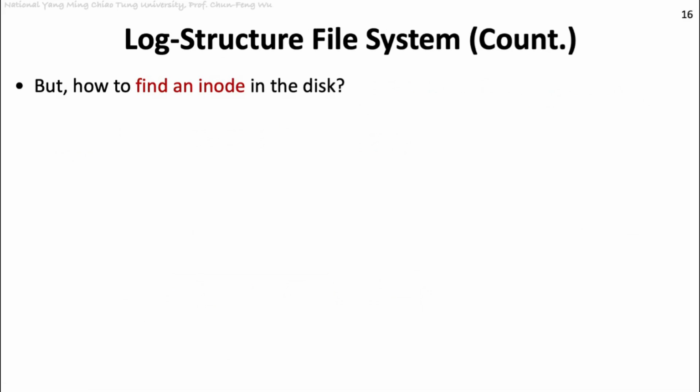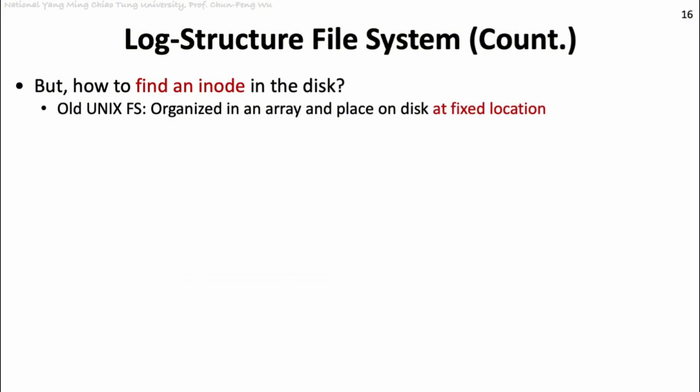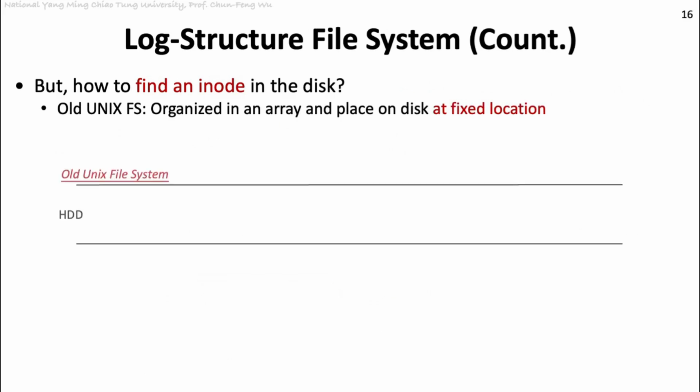But here comes a question: how to find an inode in the disk? For old Unix file systems, a very simple way is to organize them in an array and place them on disk at a fixed location, right? If we have a fixed location for inodes, then we can always start from a certain location and find them.